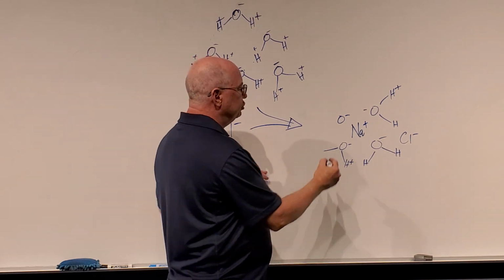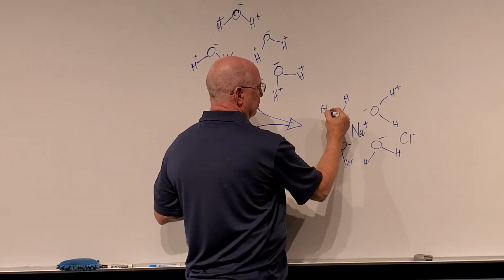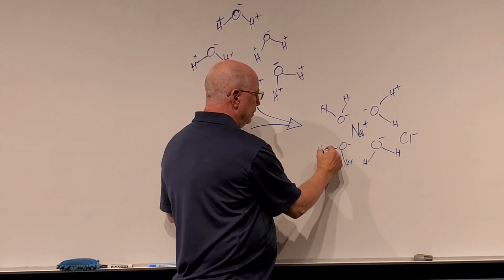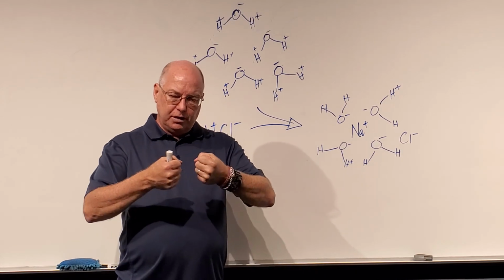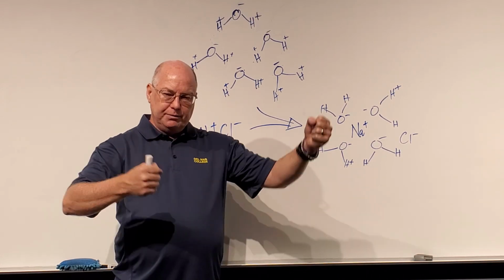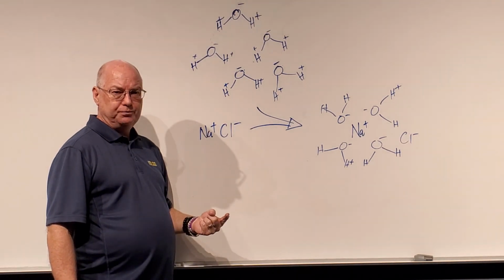And now I have dissolved my sodium chloride in a solution, which is why table salt and other molecules that have some polarity can be broken up very easily when placed in a water solution.